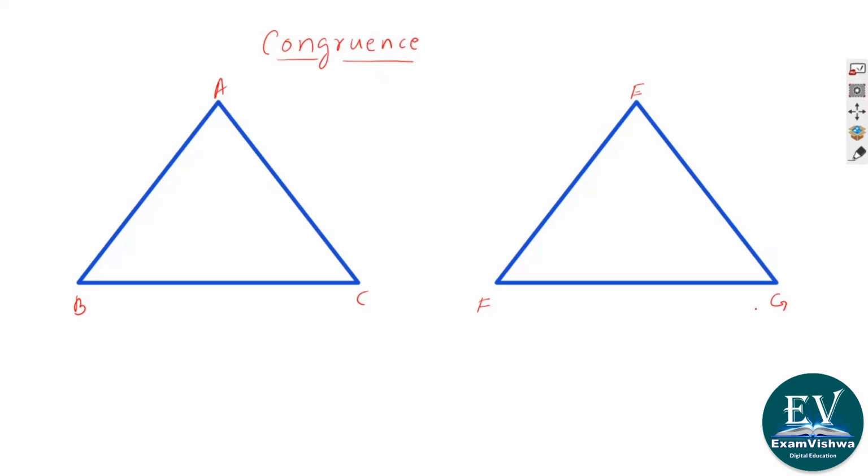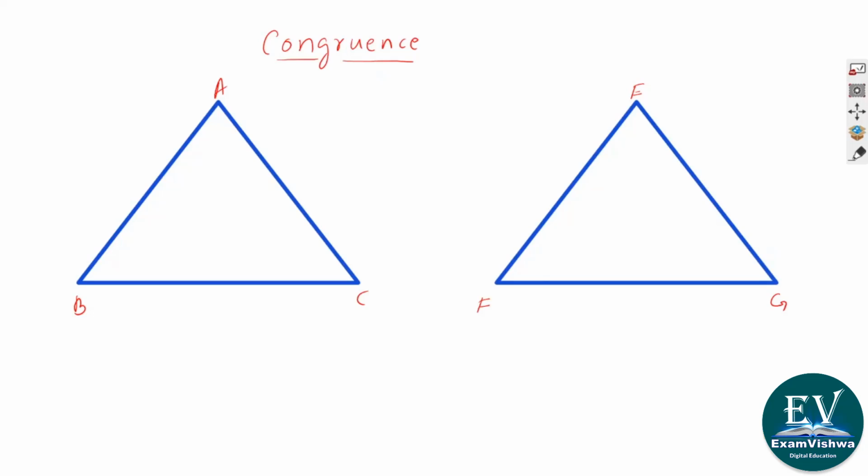If I ask you what is the difference between these two triangles, or what are the similarities between these triangles, or are they different triangles? These are things to be answered while trying to explain congruence. Are they matching each other?